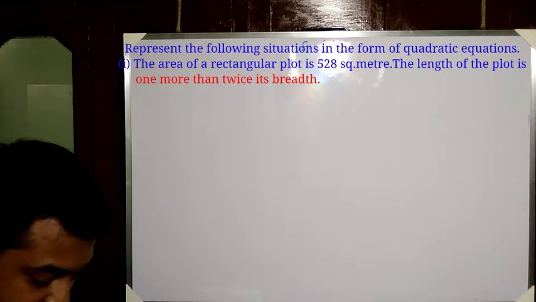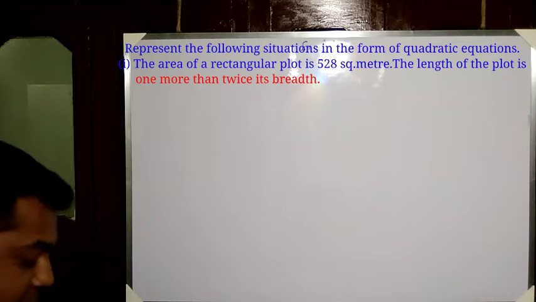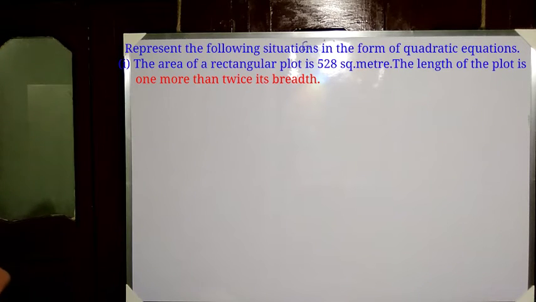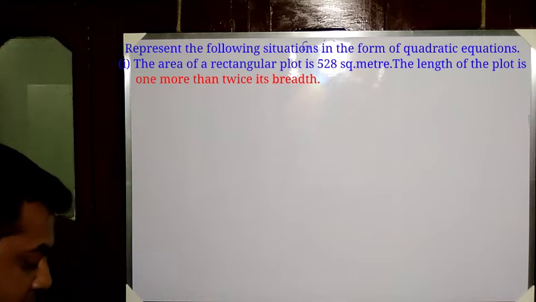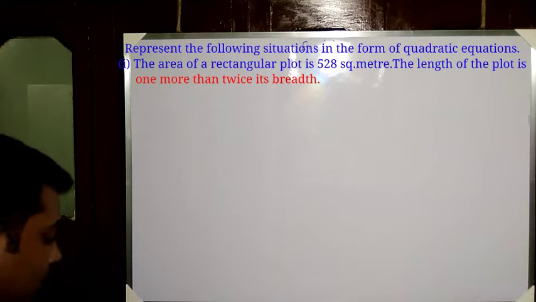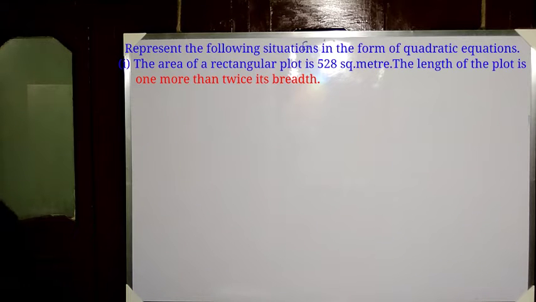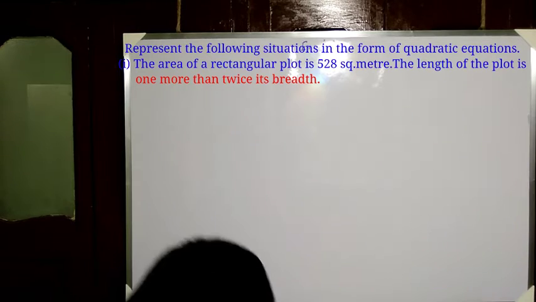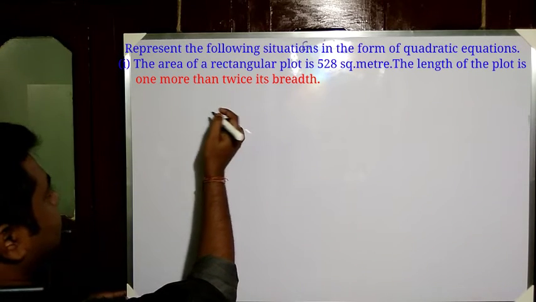Represent the following situation in the form of a quadratic equation. We just have to represent. What is the question? The area of a rectangular plot is 528 meters squared. Very good. The length of the plot is 1 more than twice its breadth. It means that length depends on breadth, right?